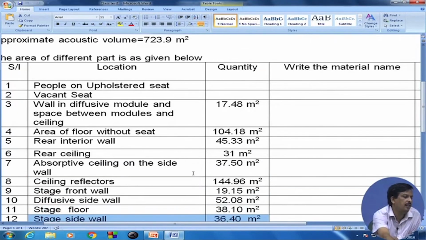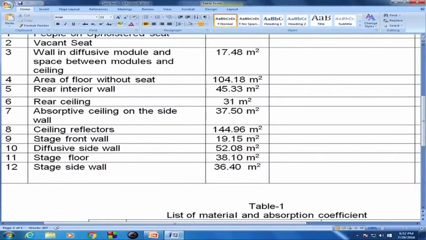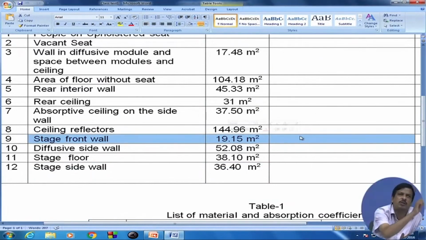Then I said to write the material name, which acoustic material you should use to treat each area. The thumb rule is that the stage area must be reflective. So, for the stage front wall, I should use the material whose absorption coefficient is as low as possible.